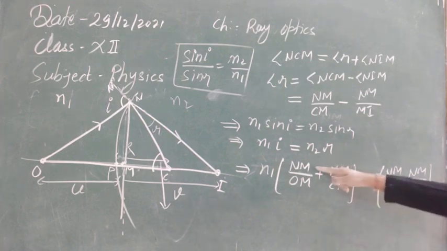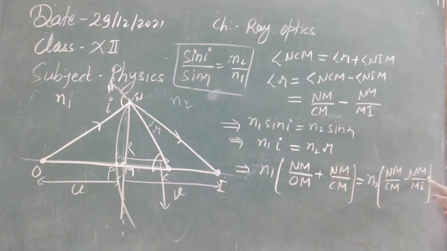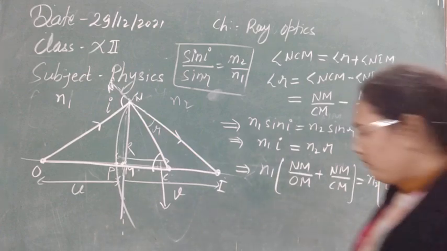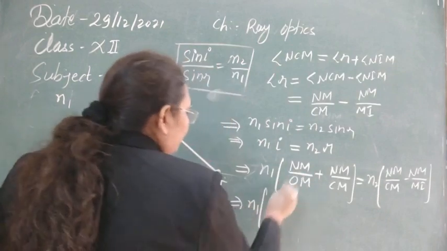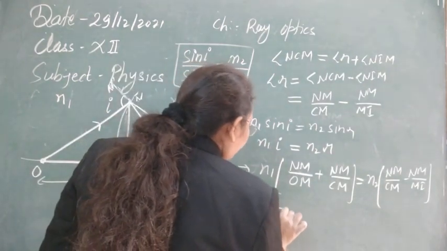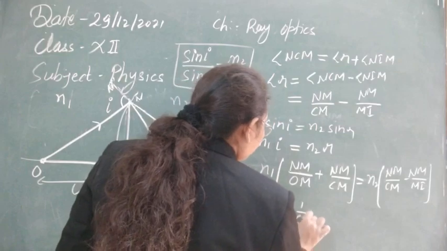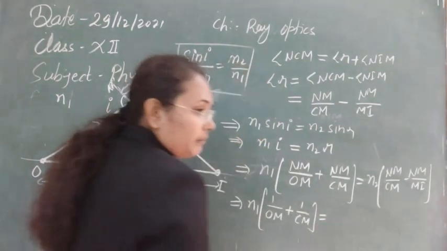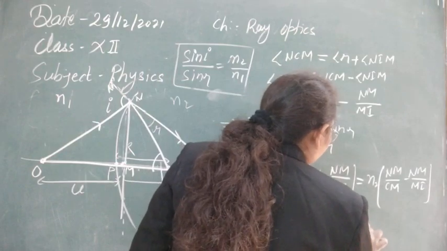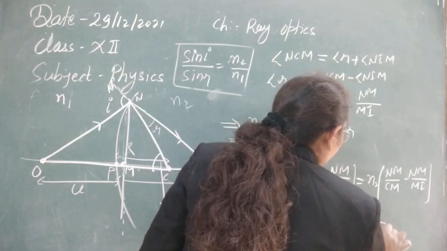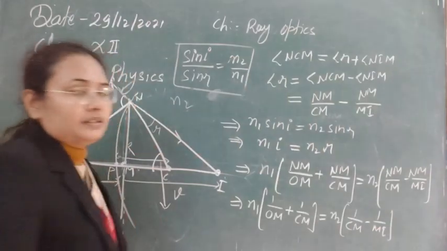So now let's take Nm as common from both sides, that will be cancelled out, and after that we can write the next line, that is N1, and this will be 1 upon Om plus 1 upon Cm. Now that will be equal to N2, 1 upon Cm minus 1 upon Mi from here.